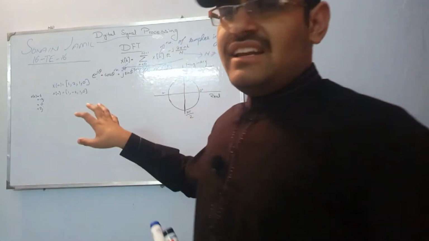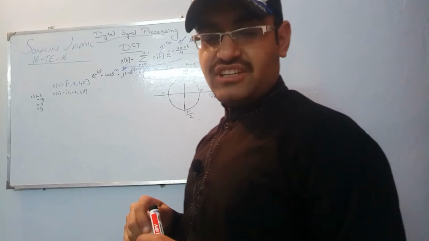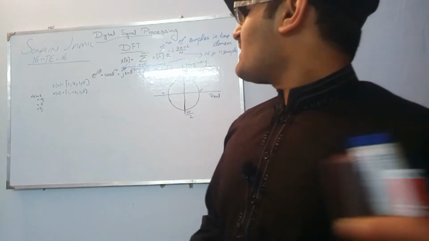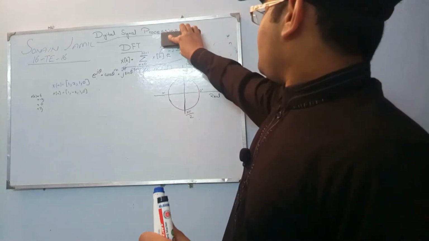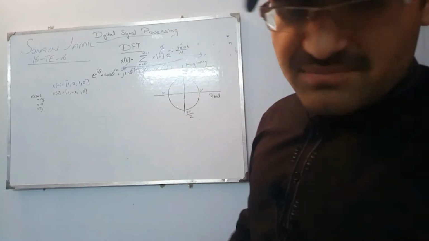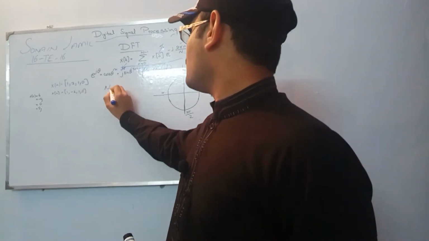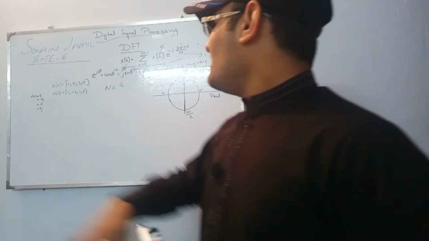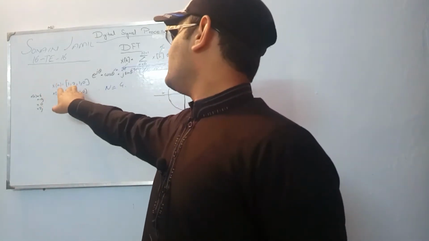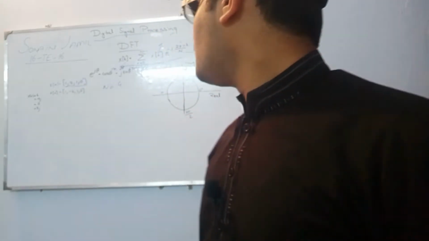So let me tell you first what this exponential represents. Suppose we have N is equal to 4. As you can see, x of n here is the example.